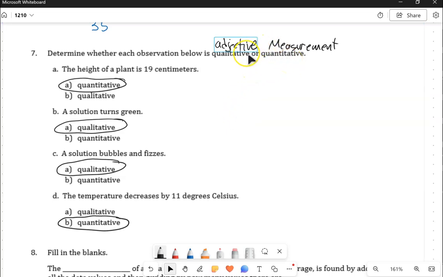A zip code's actually an adjective of a location. Or jersey number, number 23, Michael Jordan. They didn't measure him in any way to determine the 23 was his number. It was more an adjective. It represented Michael Jordan. So jersey numbers and zip codes and social security numbers are not things that are measured. They're more qualitative information. Okay.